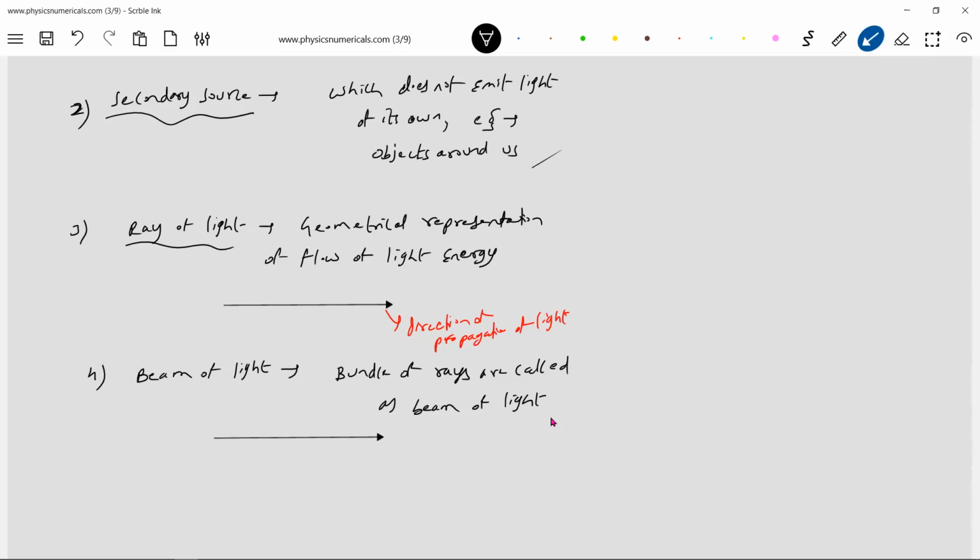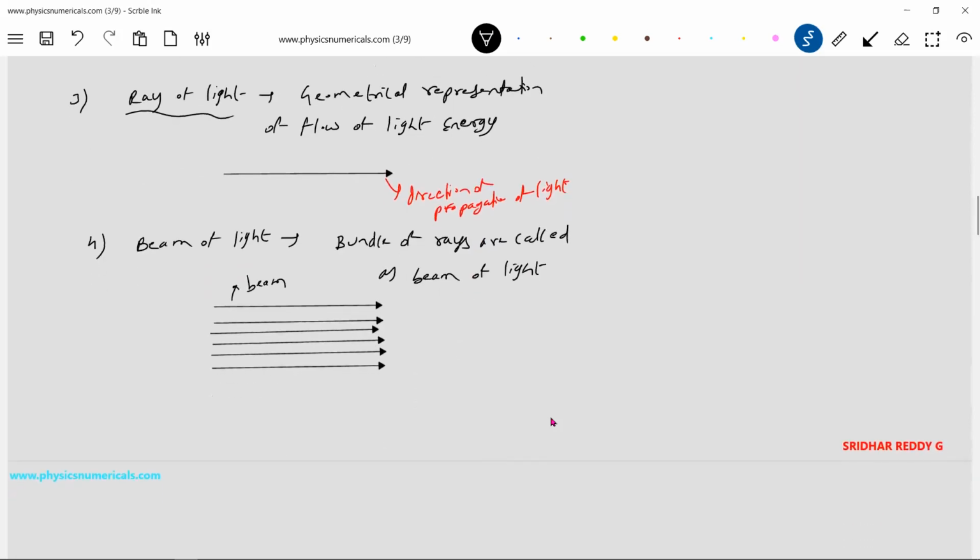When you draw more than two rays, this has to be considered a beam of light. And the arrows indicate the direction of propagation of the beam of light.